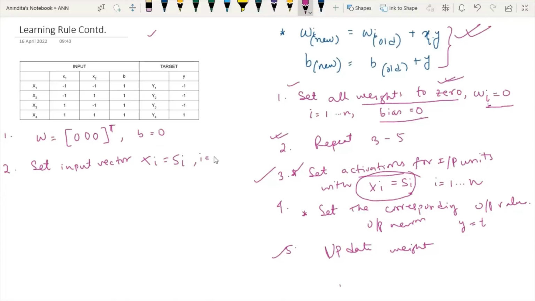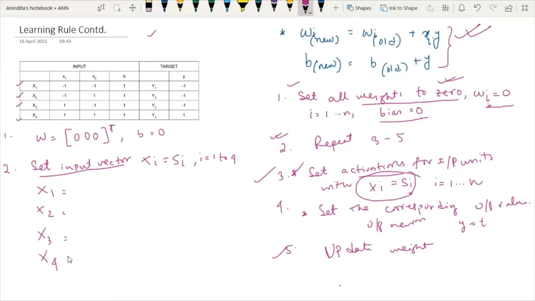The value of i will be 1 to 4 because we have 4 training samples. Therefore, the iterations will be 4. Now, how is it happening? See, now this is the important part. How to set this input vector? So, we will have 4 input vectors. Is it clear? So, we have 4 input vectors.